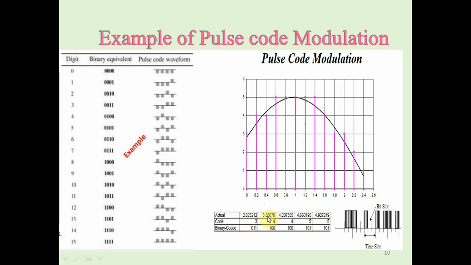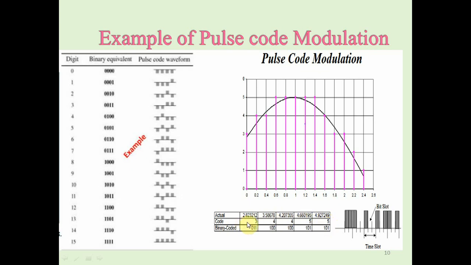2.823212, the second sample is 3.58678, the third sample is 4.20, the fifth sample is 4.66, and the sixth sample is 4.9. Hence the rounded value should be taken: 2.8 is considered as 3, 3.5 is considered as 4, 4.2 is considered as 4, 4.66 is considered as 5, and 4.92 is considered as 5.